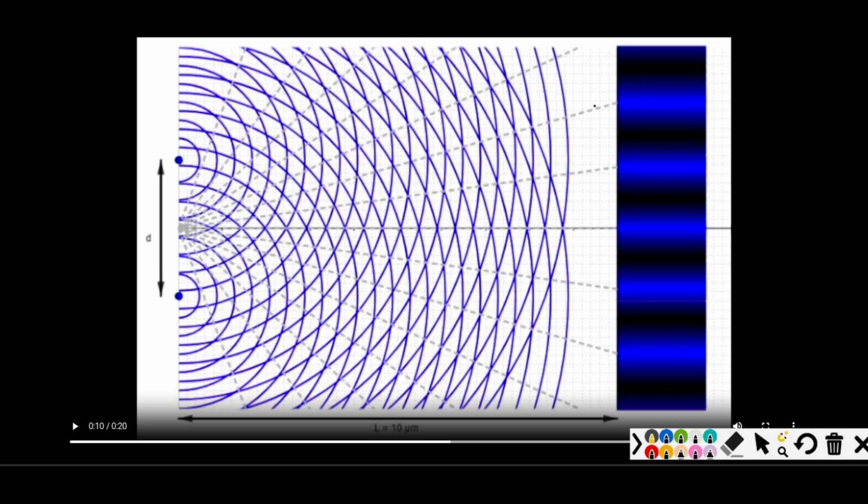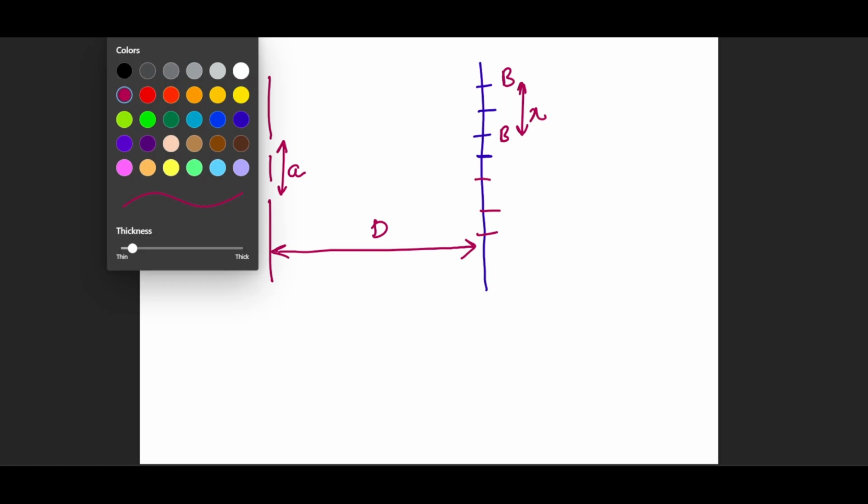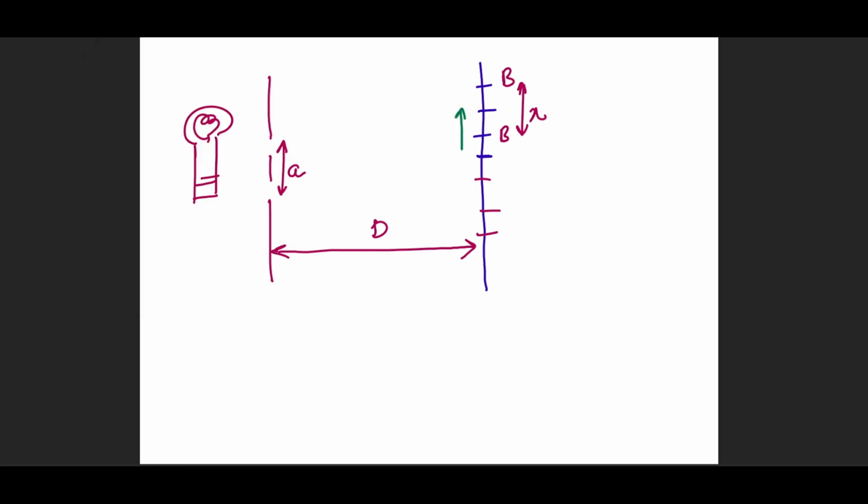So the separation from one bright to the next bright is called X. Or if you want to choose from dark to dark, this will also be called X. Both are considered to be X. It's your choice, they will still give you the same answer. So X was defined as the distance between two successive bright fringes on the screen, or the distance between two successive dark fringes, because it will be the same.